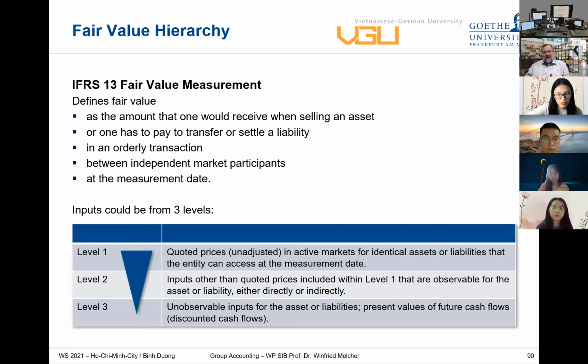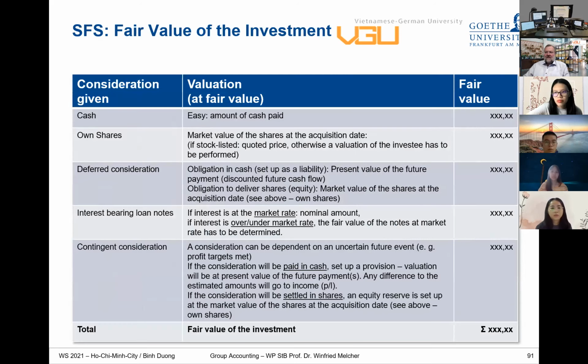So, okay, that's enough for fair value and the fair value hierarchy, but we should know that before we enter into the next example. So here we are still on the level of the single financial statements, and we would like to find out what is the fair value of an investment.